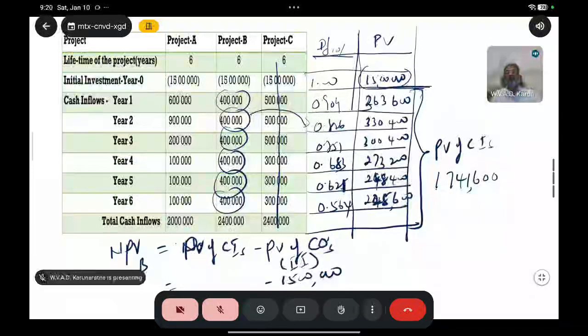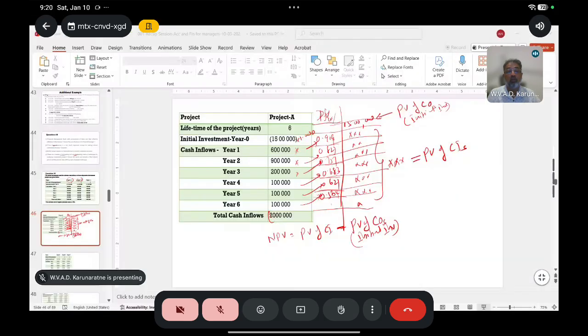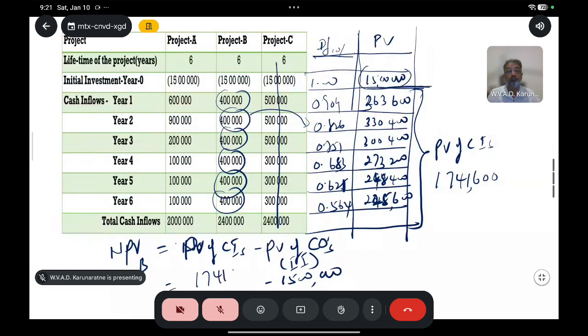You have already completed the accounting and finance for managers subject, so you should be able to read it. What would be the answer? 241,600, again positive.